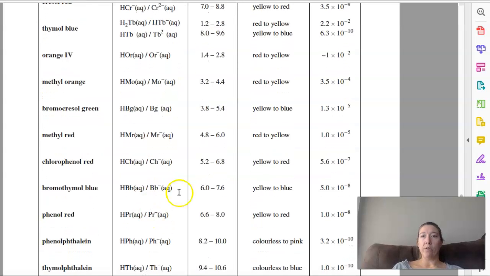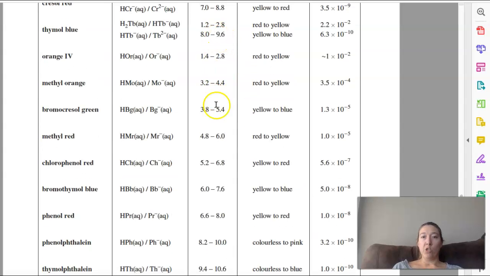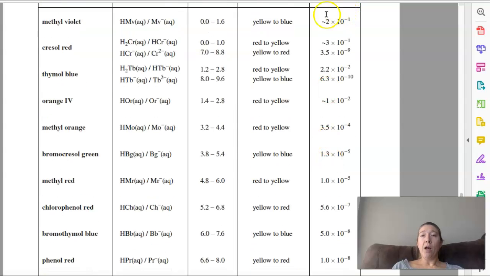The further we go down the table, you should notice that the Ka values get smaller and smaller. That corresponds to the change in number of the pH. So the bigger our Ka is, the lower the pH value at which it's going to change colors.